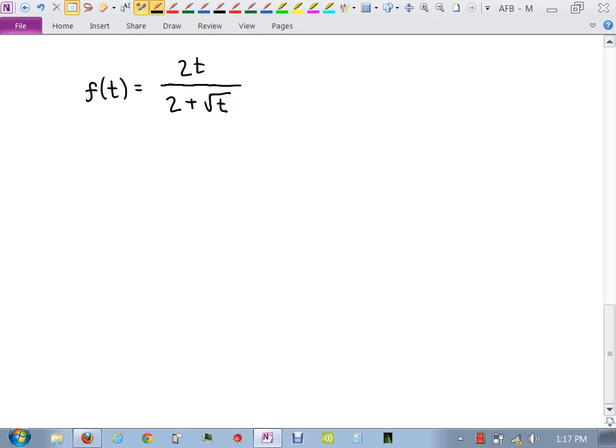Now on this one, can you split this one into two fractions? No, you cannot. If you have a single term over two terms, you can't split apart. If it's the other way around, you can. But here we can't. So we're kind of forced right now to use the quotient rule.